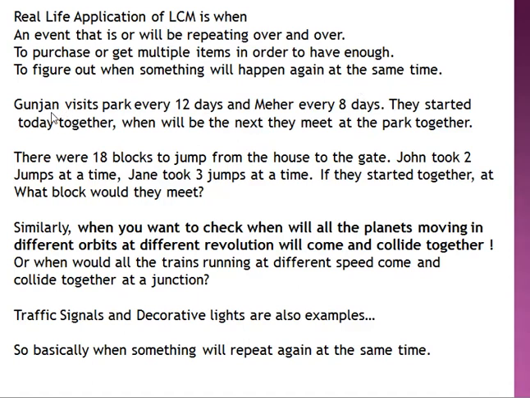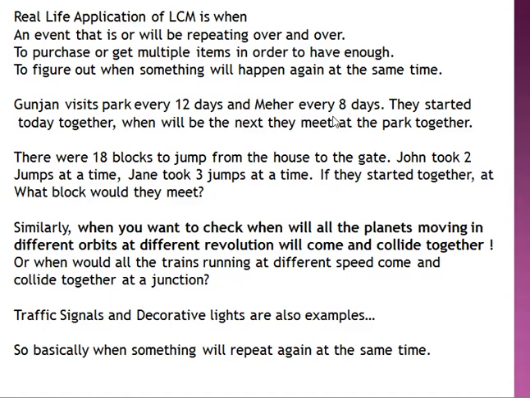For example, Gunjan visits the park every 12 days and Meher every 8 days. They started together. When will they next meet at the park together? So today they have started coming to the park, but Gunjan has decided to come every 12 days and Meher every 8 days.